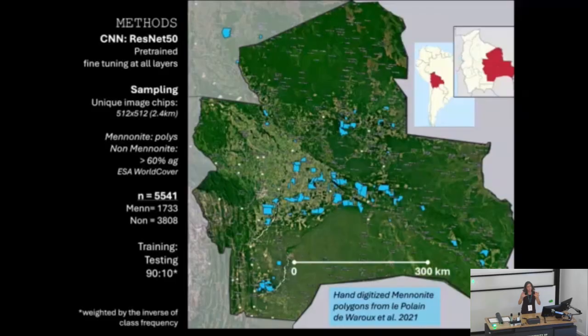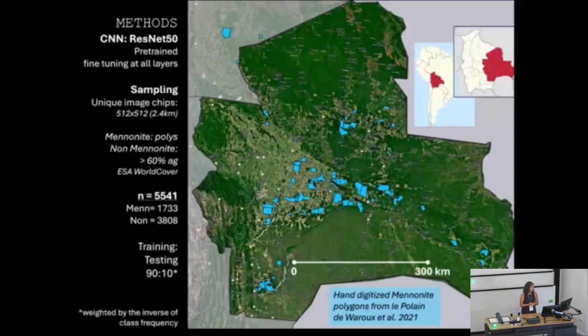We use a 512 by 512, which is one of the standards, 2.4 kilometers on a side. They're all unique, so we actually made a grid that was 512 by 512 across the whole area. So there was no rotation or resampling. And we ended up with not a huge number, but apparently good enough.